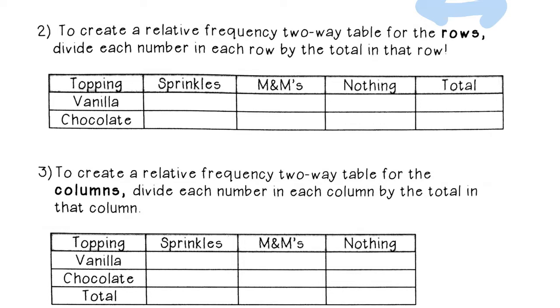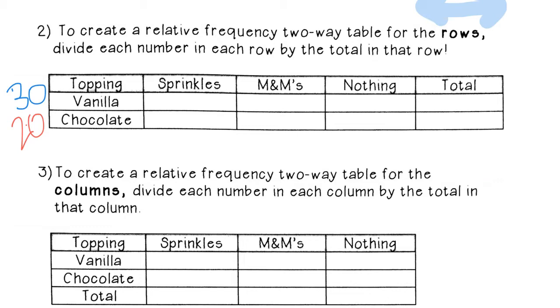So if we look, my total for vanilla was 30, and my total for chocolate was 20. And I found that from that chart, our relative frequency. We found that in our frequency table, or that two-way table in our chart on the previous page.